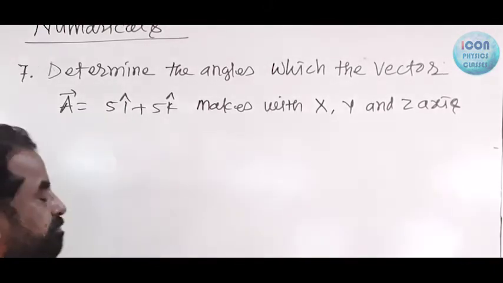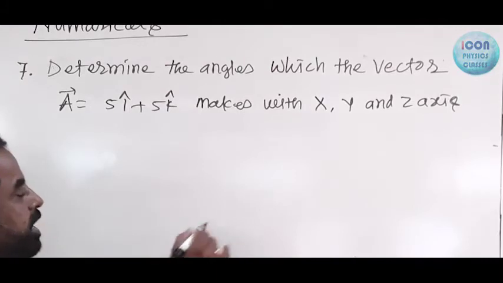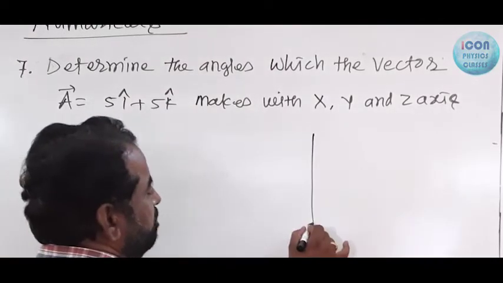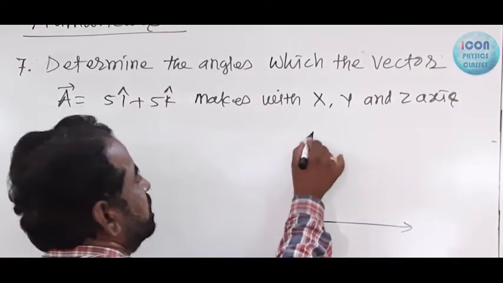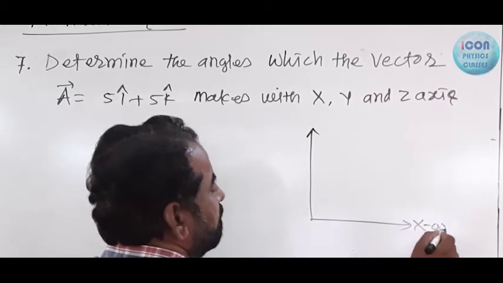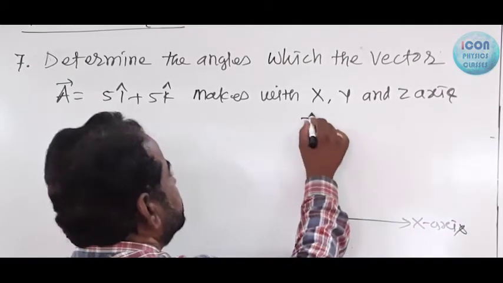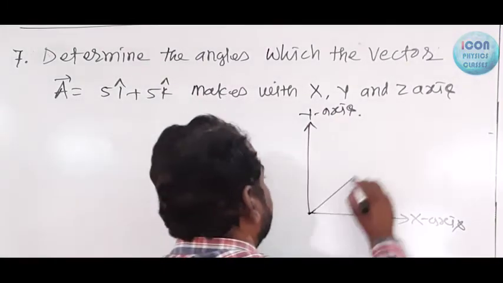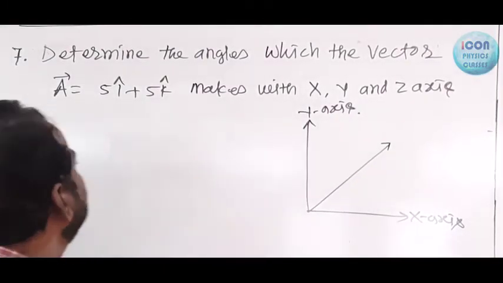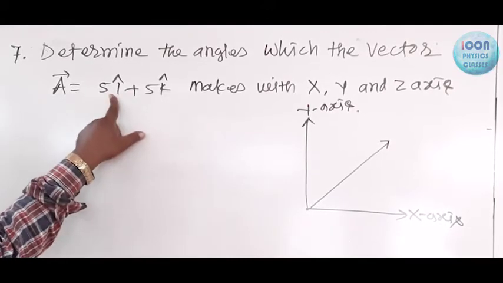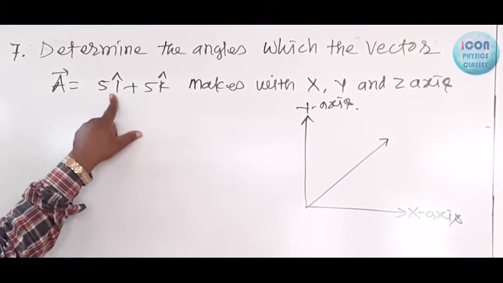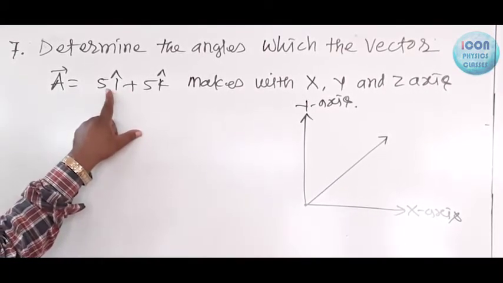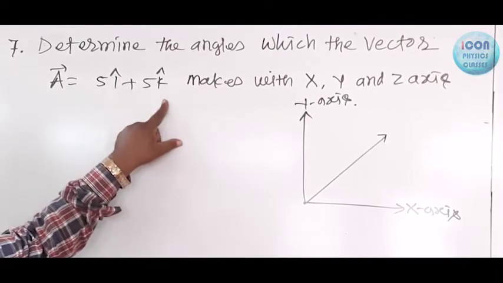So therefore here, for example, you take in a plane, this is the x axis and this is the y axis. Okay, and your vector A. This vector A is given in which plane? That is in the x and z axis.